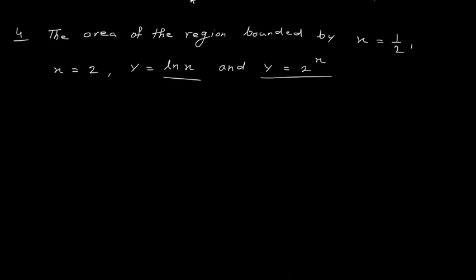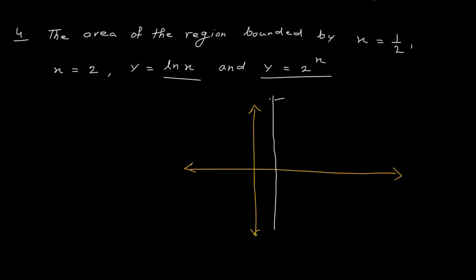So let us see, we will draw the x axis and y axis. So this is our x axis, y axis. We have x is equal to half. Now x is equal to half is a straight line like this. This is x is equal to half, then x is equal to 2, so somewhere here we have x equal to 2, then we have y is equal to log x.